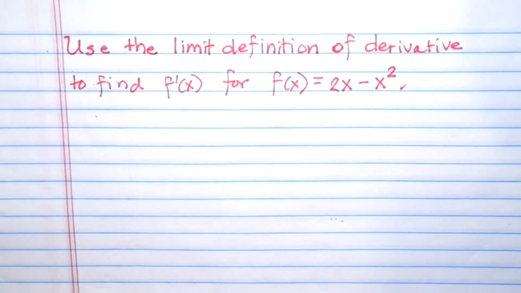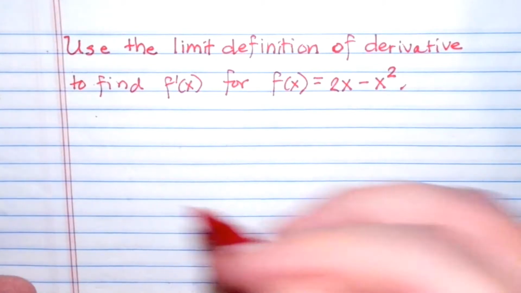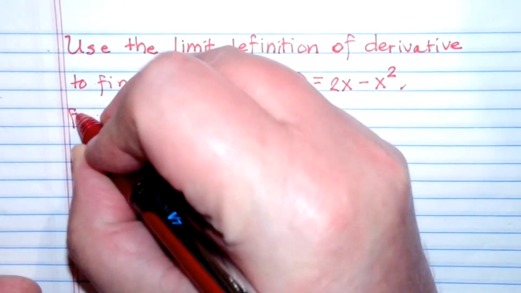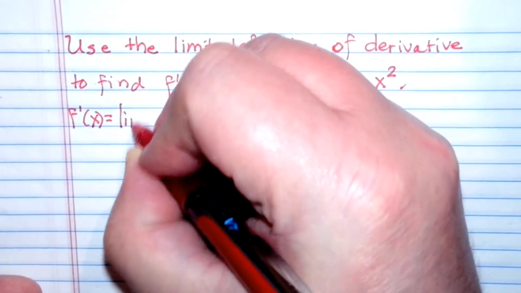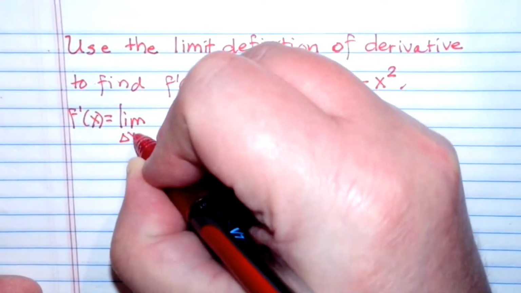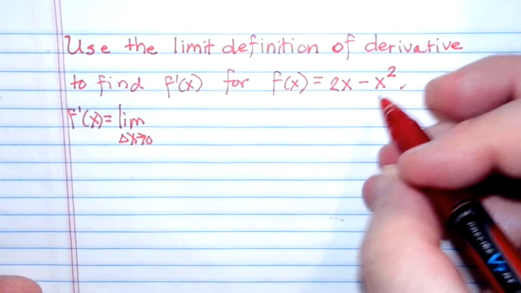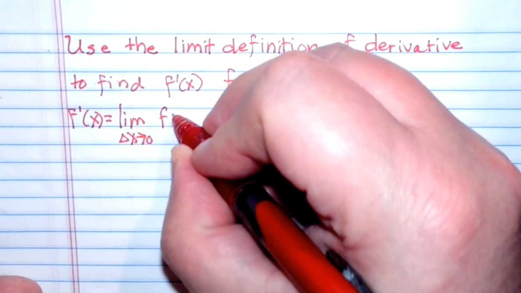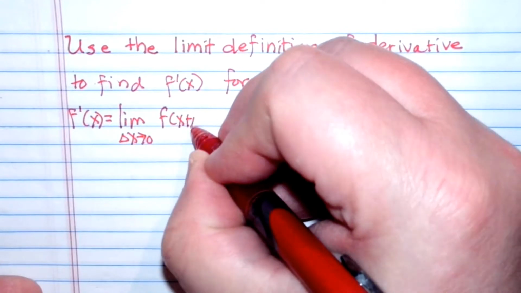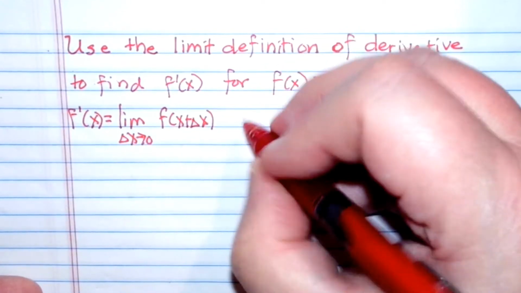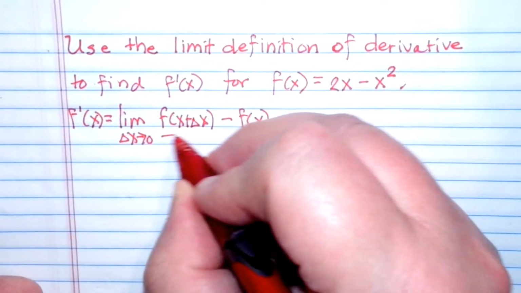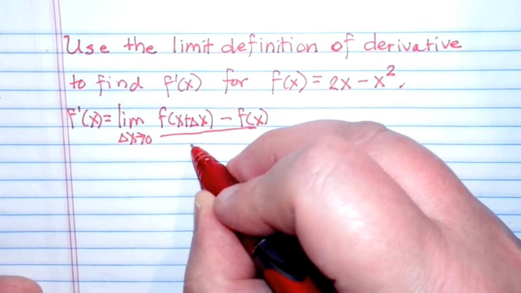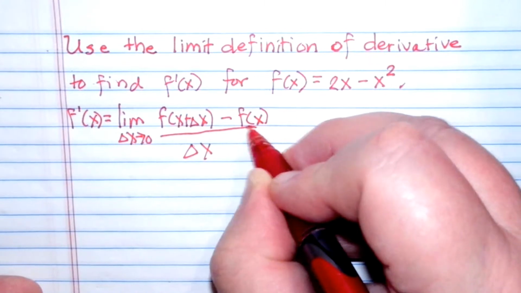Alright, so the function we're given is 2x minus x squared. So to find f prime of x, what we need to do is find the limit as delta x tends to 0 of f of x plus delta x minus f of x all over delta x.